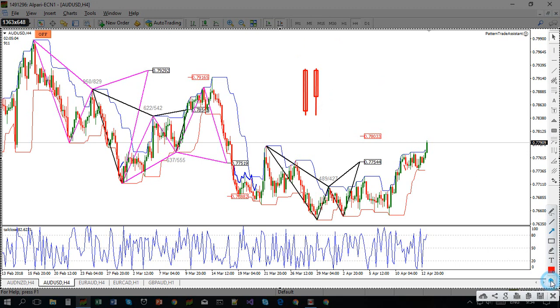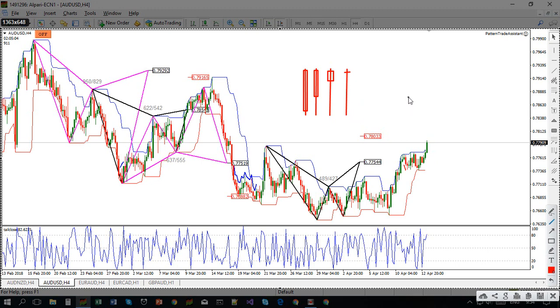Okay, what are other kinds of powerful bullish candles? Like this. Is this a powerful bullish candle? Yes. And what are other kinds? Another kind, like this.